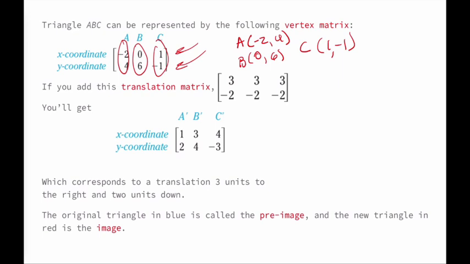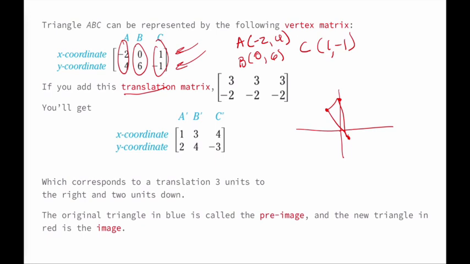So, different kinds of transformations. The first transformation that we can do is a translation. A translation is shifting a figure, moving it around. So we've got a point here at -2, 4, and a point at 0, 6, and a point at 1, -1, right? We get a triangle that looks like this.